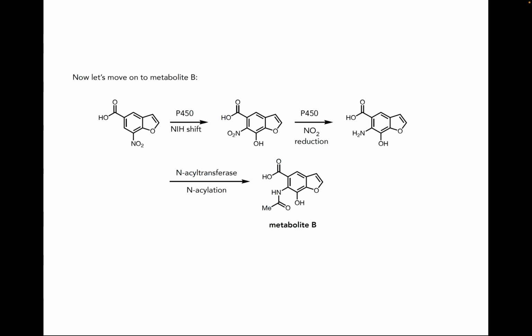Okay, so I'm providing those descriptors at the bottom, the NIH shift, the NO2 reduction, the N-acylation components, because when you get something a little complex, and I think the ones that you have on your exam are good for that, I think you have to propose like 4 of them. And I think they're in the neighborhood of a good 5 or 6 steps for each one.